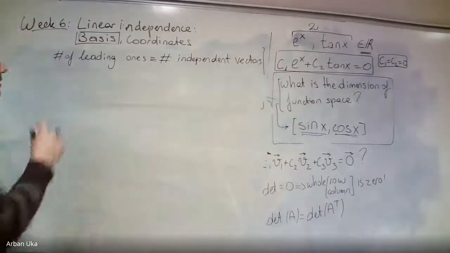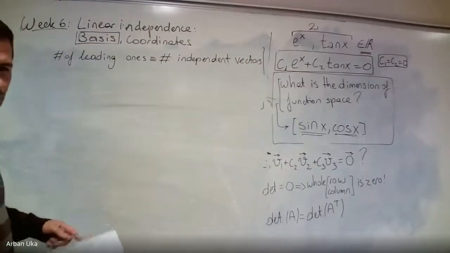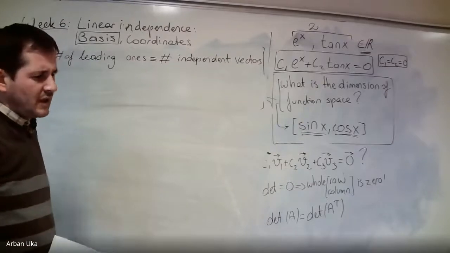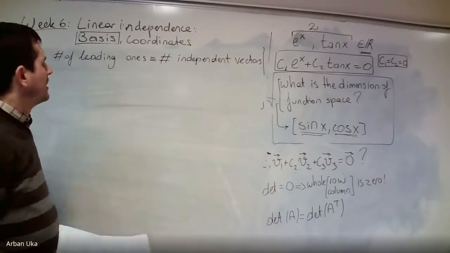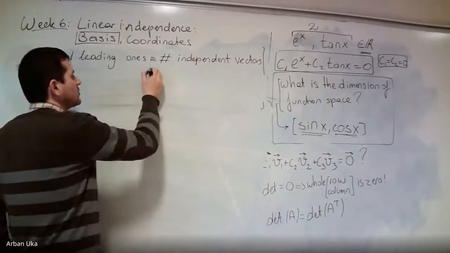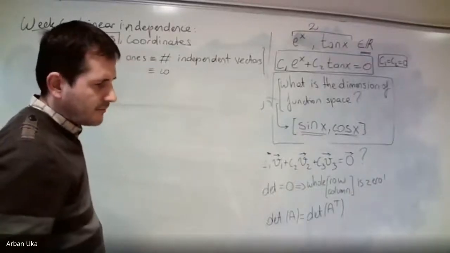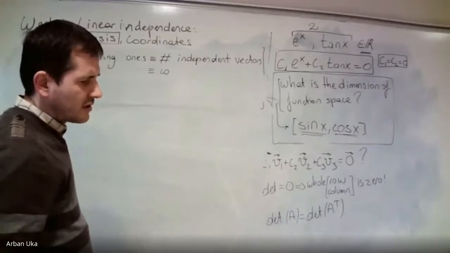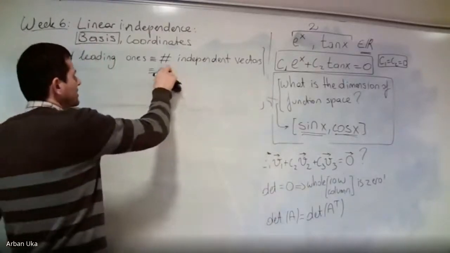Well, here we are going to do this one a little later in detail, because the number of leading ones in fact also defines the rank. Range. Let me think. Yes, this defines the column space and the range.